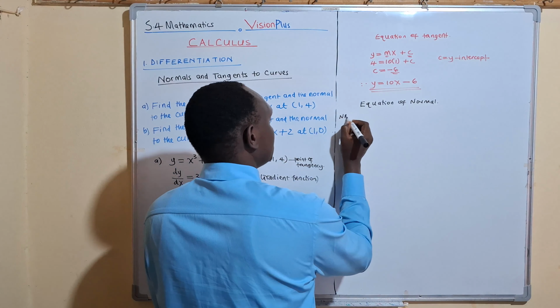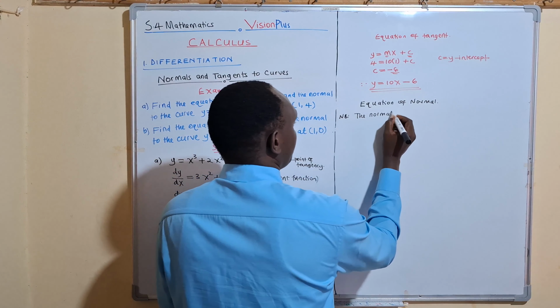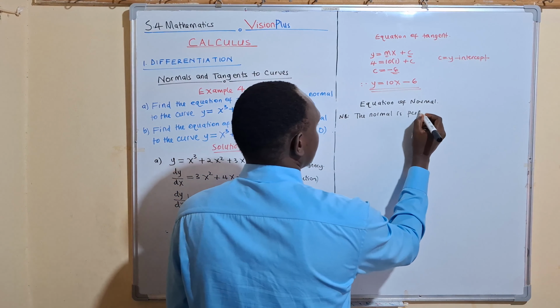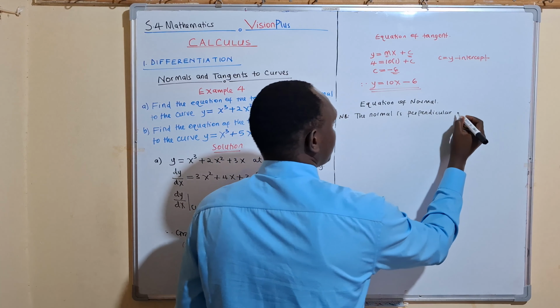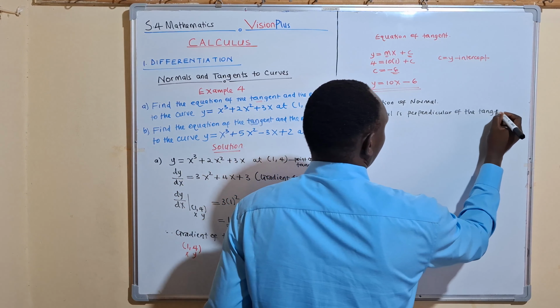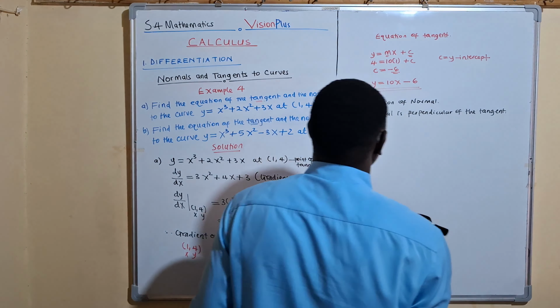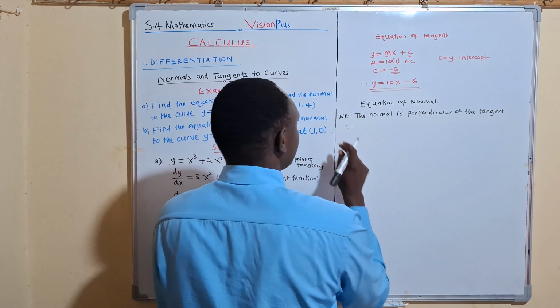We know that the normal is perpendicular to the tangent. So we can use the concept of perpendicular lines here. What do we know about two perpendicular lines? We know that the product of their gradients is negative 1.